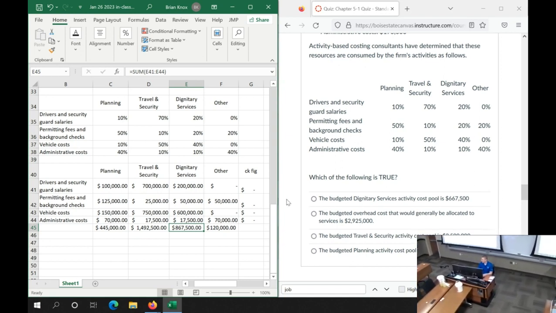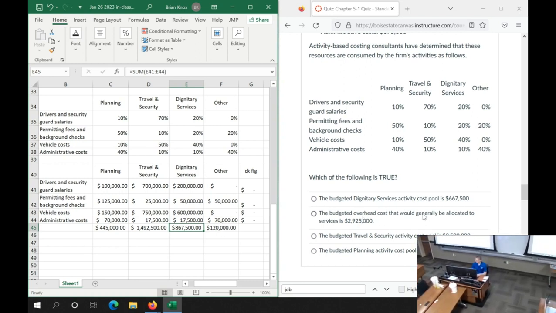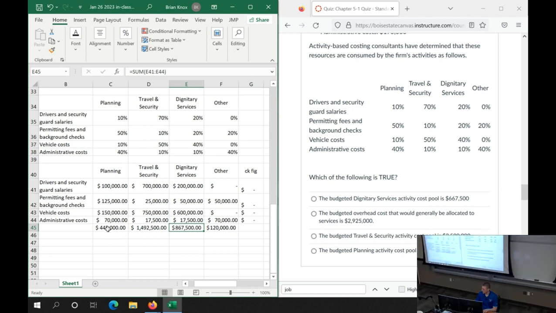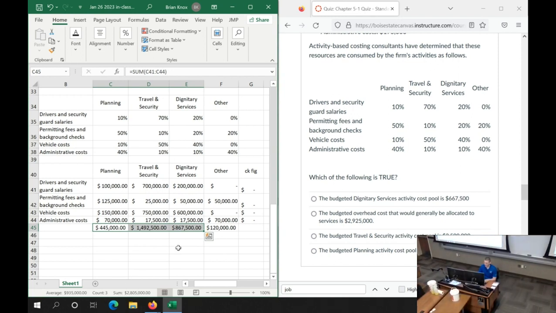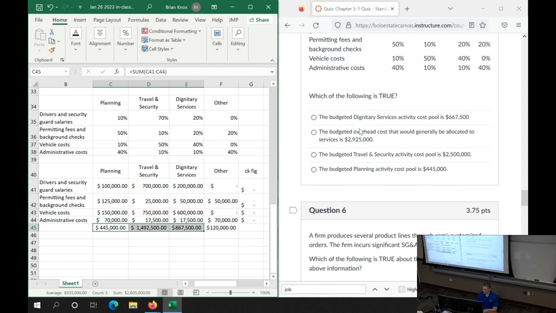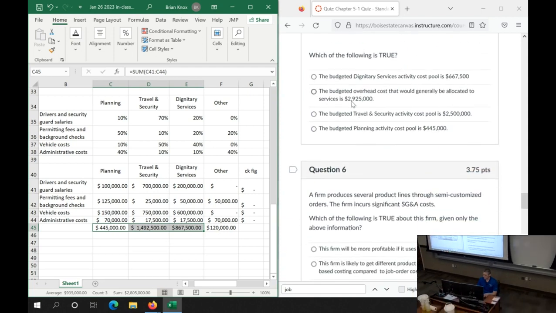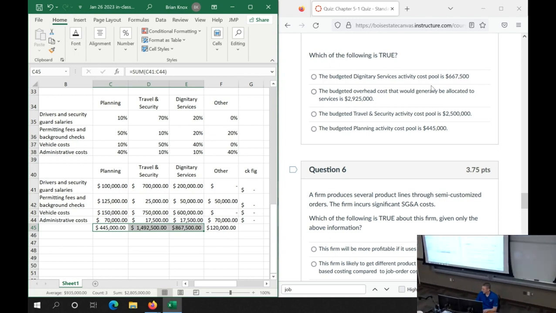First one, A, whatever, is false. Budgeted overhead costs that would generally be allocated to services, which means these three right here. Looks like the sum of those down here at the bottom of it in Excel is 2,805,000. Is that equal to this answer choice, which says 2.925? And equal. So that's a false statement as well.